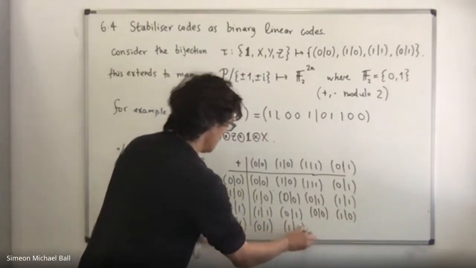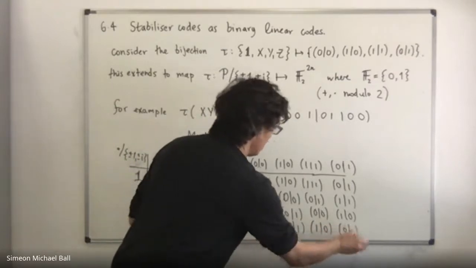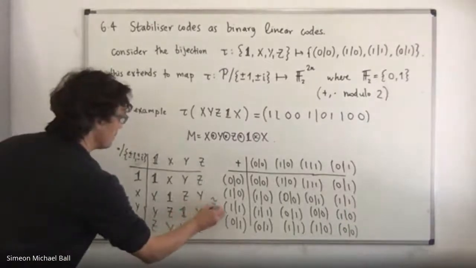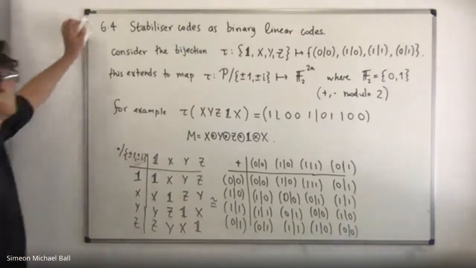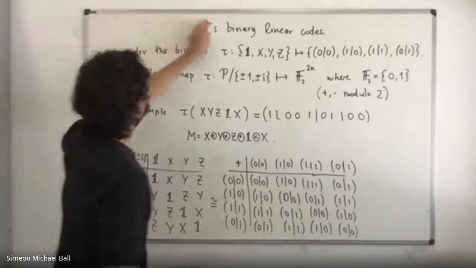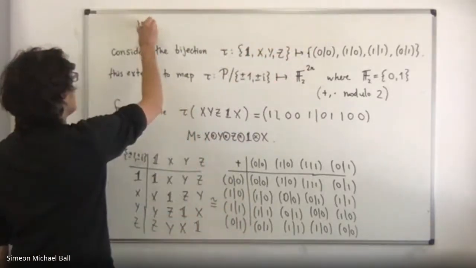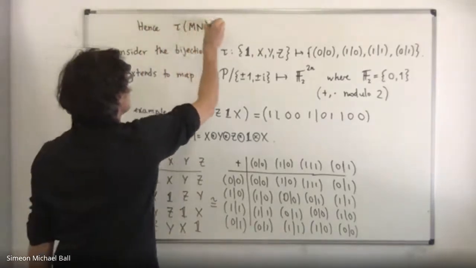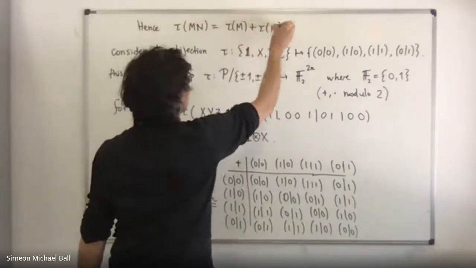Almost there. And if you compare, this is an isomorphism, and tau, so tau of m times n is equal to tau of m plus tau of n.